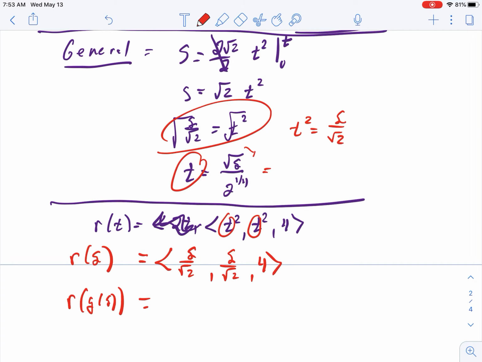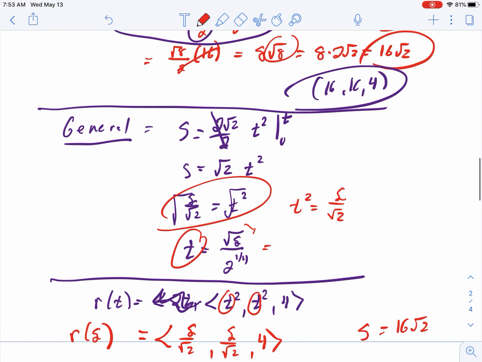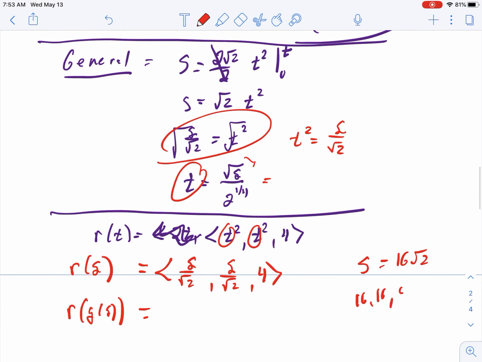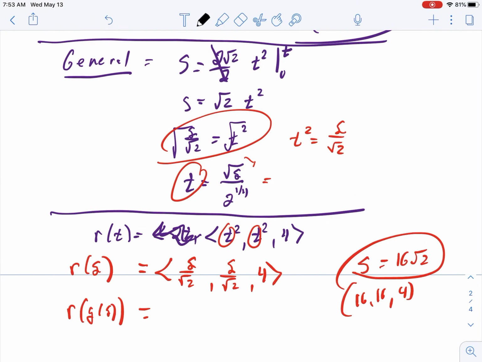Okay, so let's check to see if it will work. Now, we said our distance was 16 root 2, and with that we should get 16, 16, and 4. Okay, so let's plug this in here.